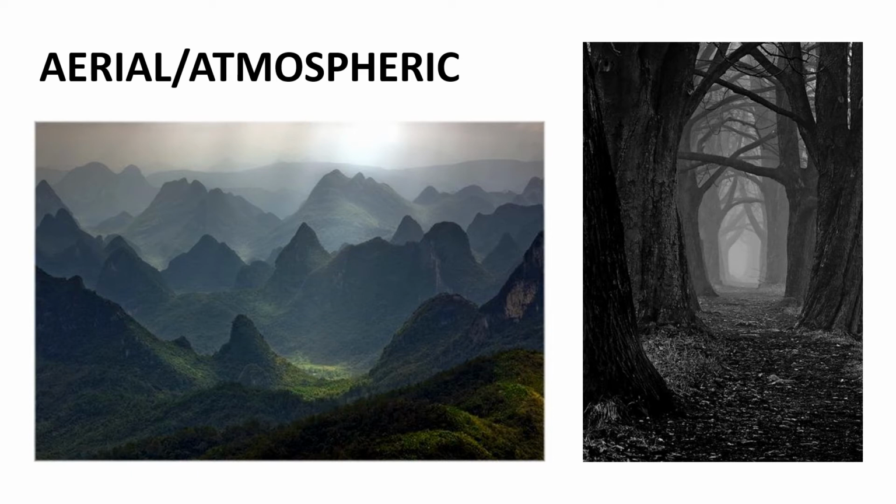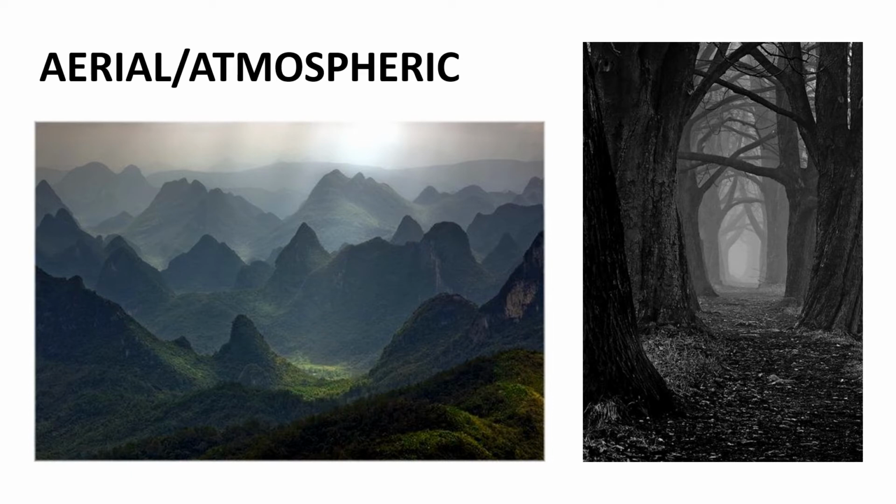Okay. So the thing is, objects that are closer to the viewer's eye usually have strong color intensity. The strength of color is quite strong when compared to those that are away from the viewer's eye.